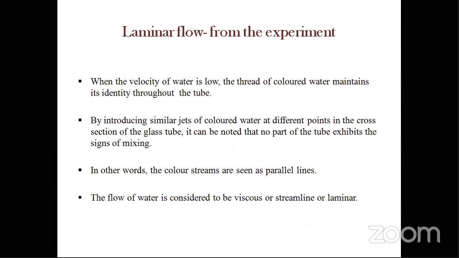Now, coming to laminar flow from the experiment. How do we show laminar flow from the experiment? First of all, when you set up the apparatus, it is very easy. It can be done in your home also. Take a transparent vessel and put some water in it, and place one drop of ink in this water.